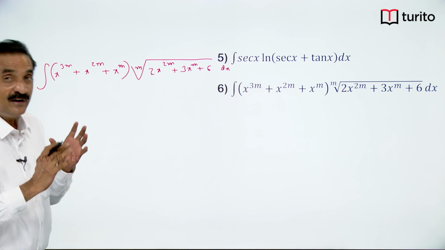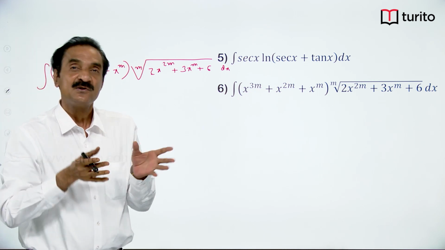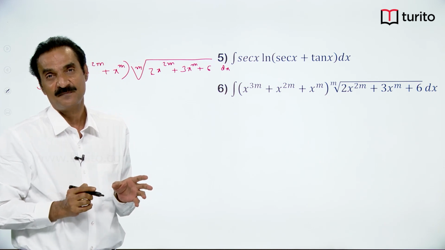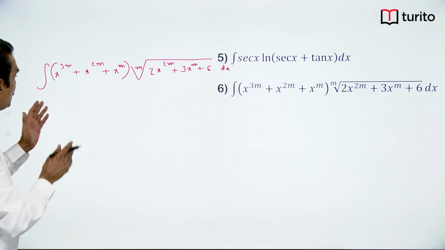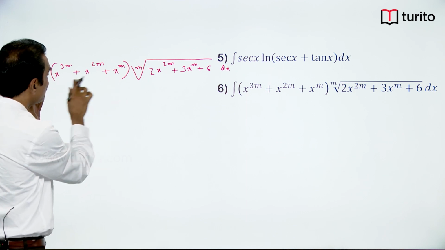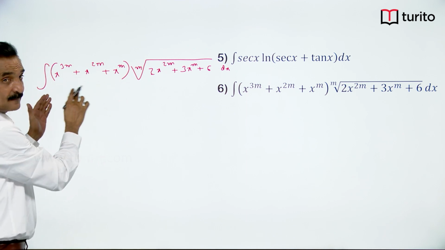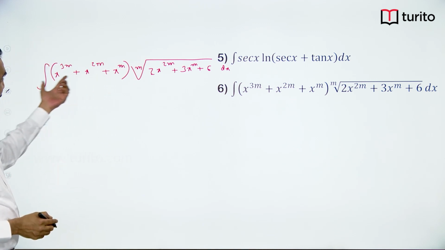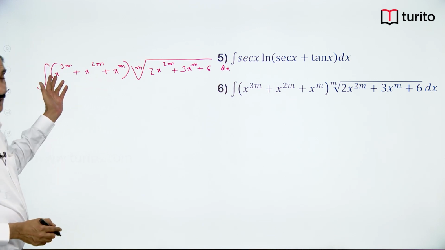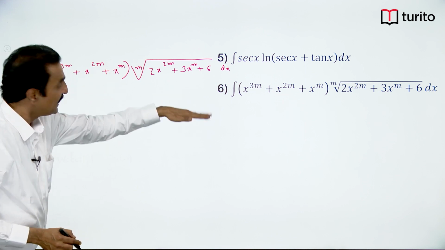So, we need to rearrange the terms so that we can identify the substitution. See the rearrangement in this question. Let us send one x from here inside the mth root. Take x common from these three, take that x into mth root.